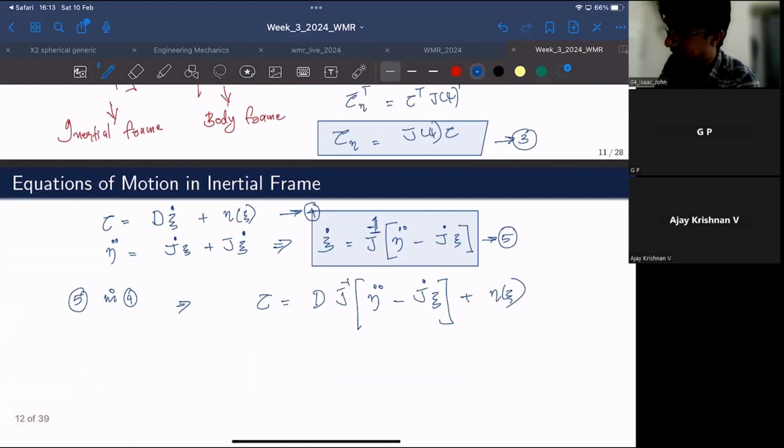If I further expand this bracket, tau is nothing but D J inverse eta double dot minus D J inverse J dot theta dot plus n of theta.